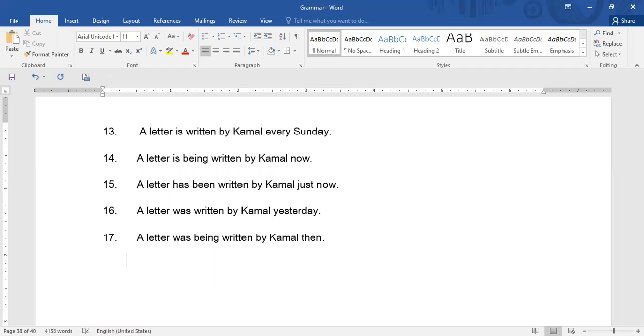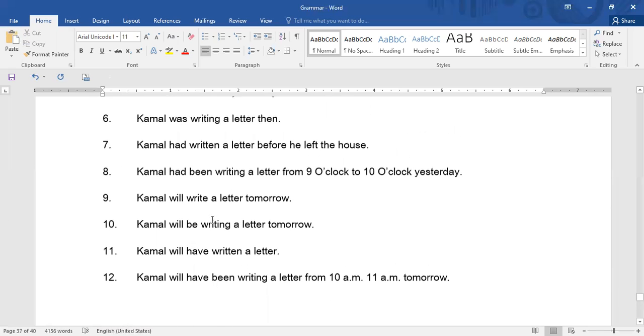It's a present passive: a letter is written by Kamal. It's a present continuous: a letter is being written. Past continuous passive: a letter was being written. That's the only difference. "Is" becomes "was". So past continuous is over.